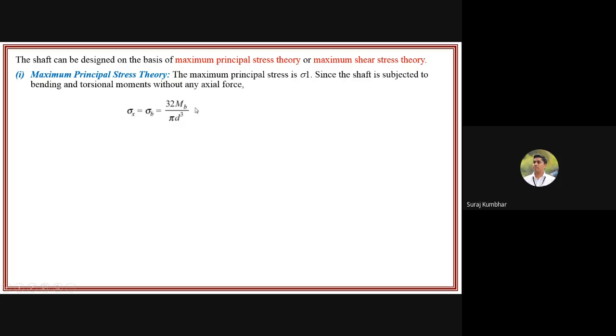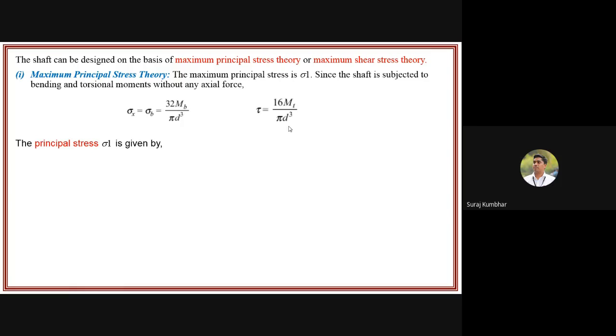And tau, the torsional shear stress, is equal to 16 Mt divided by pi d cube, where Mt is the torsional moment and Mb is the bending moment.